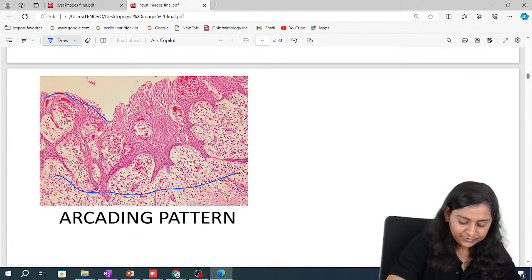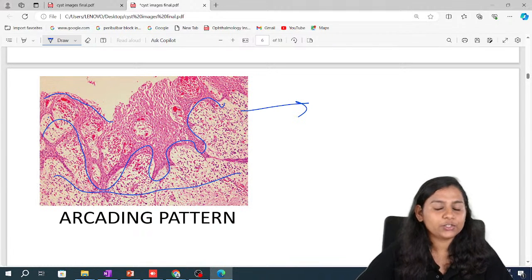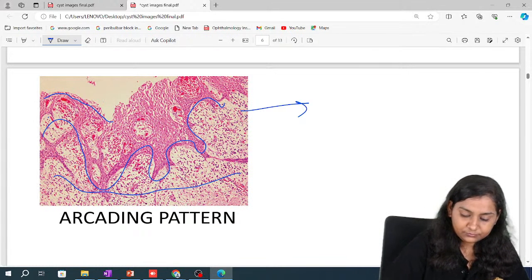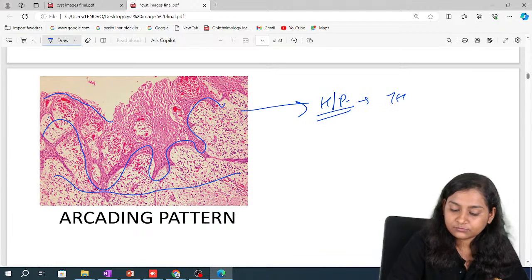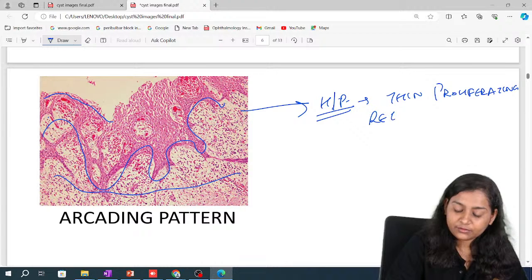As you can see, thin proliferating rete ridges are present. So in the histopath, what do we see? Thin proliferating rete ridges.